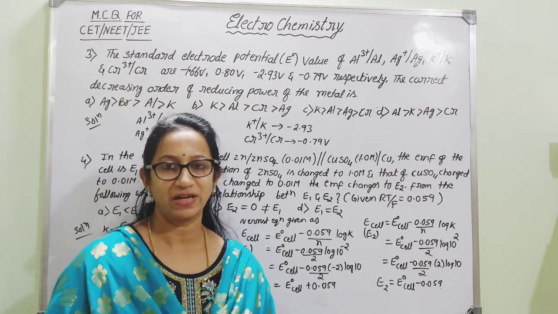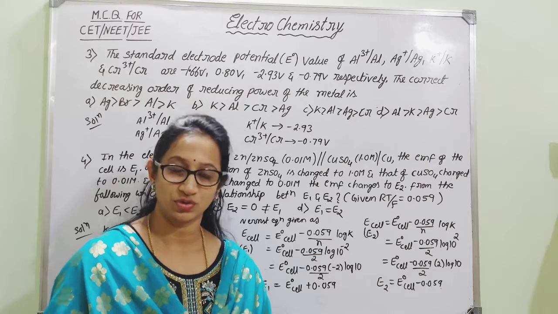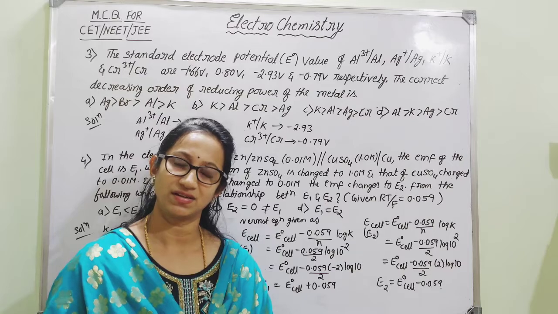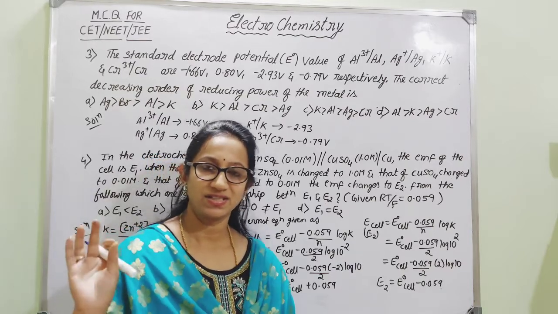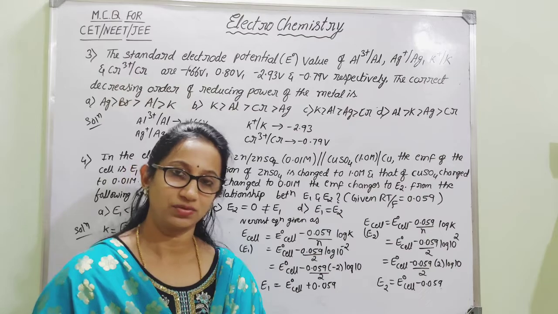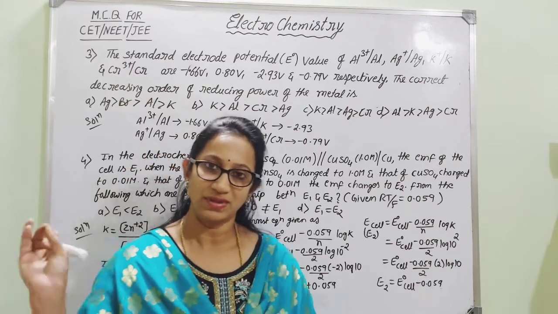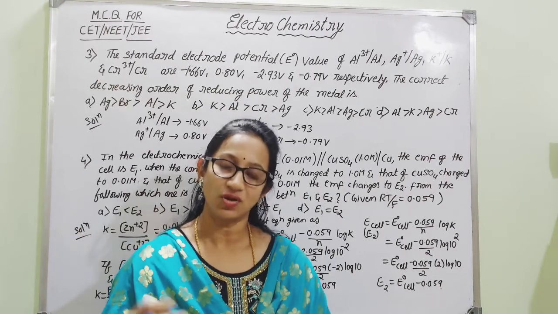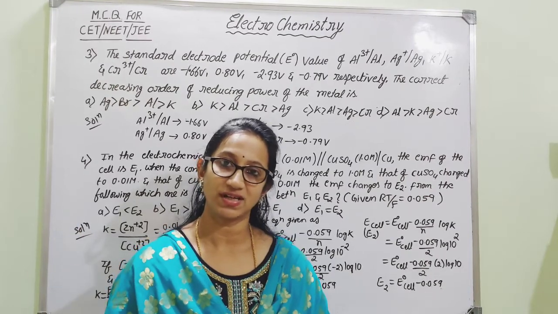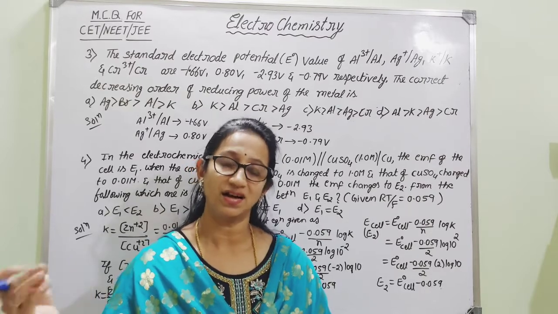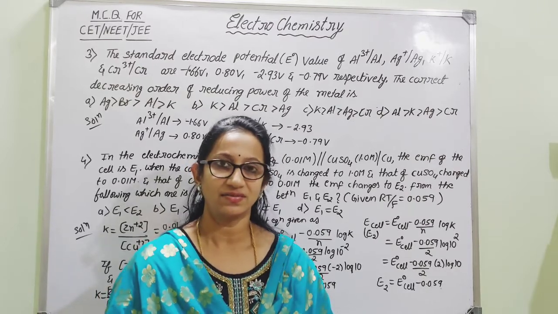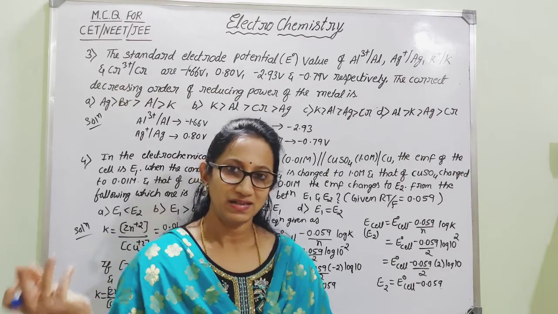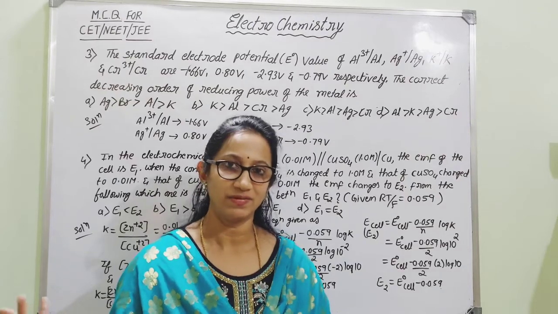From the reduction potential value, we can easily decide which is a strong oxidizing agent or a strong reducing agent, and which is the increasing or decreasing order. Take reduction potential as the standard. When you take any two particular metals, which is the strong oxidizing agent or strong reducing agent, either in metallic state or in a different oxidation state, we can say that the higher the reduction potential value, the lesser the reducing agent power.